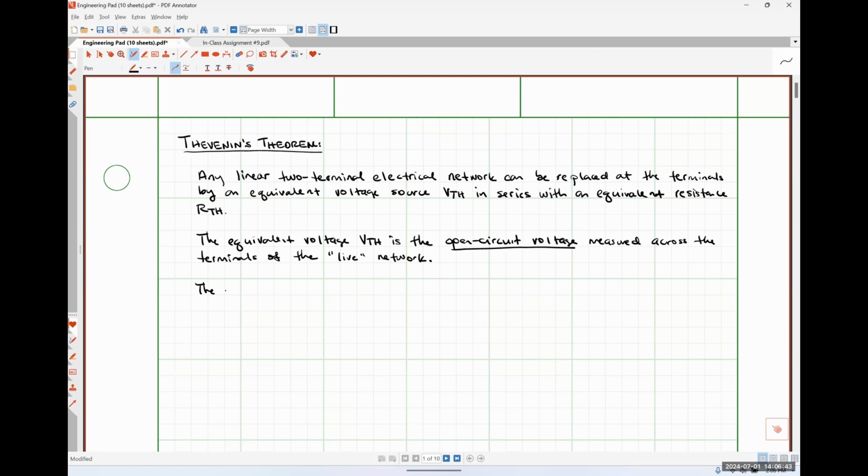The equivalent resistance, R Thevenin, is the resistance seen looking into the terminals of the dead network, where a dead network simply means that all of our independent sources are turned off.